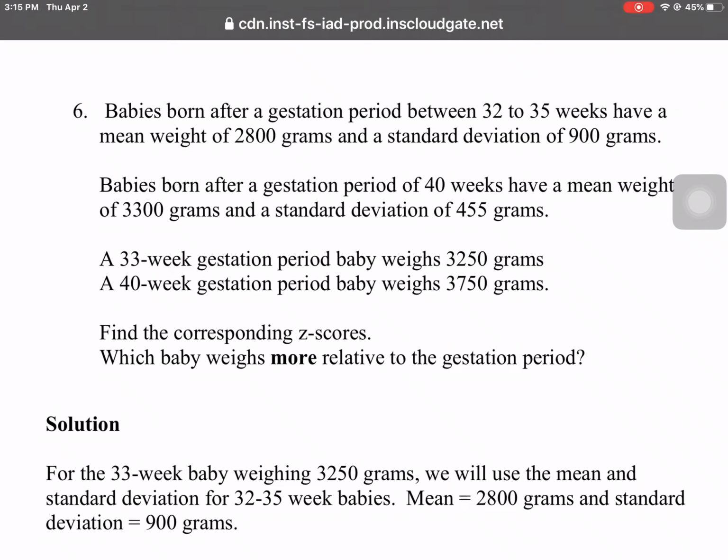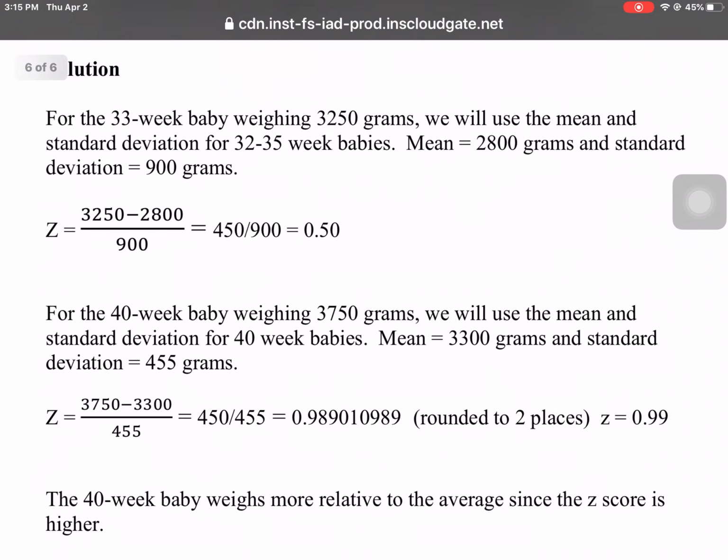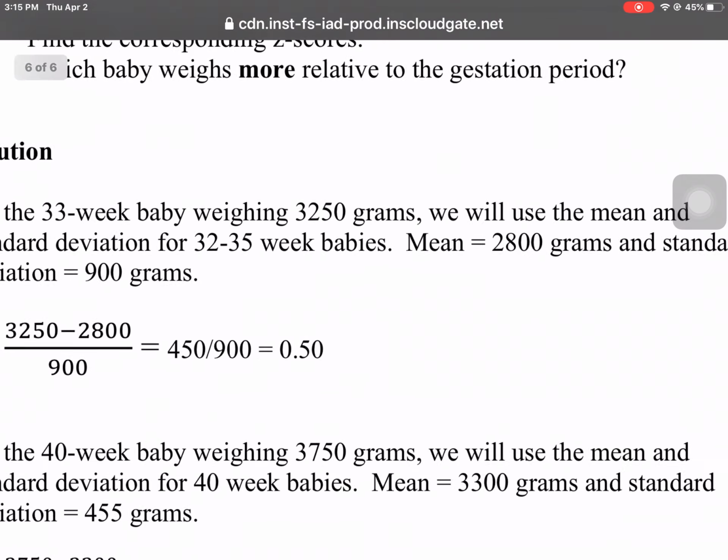Okay, so let's take the 33-week baby that weighed 3,250. Use the mean and standard deviation for babies that are between 32 and 35.